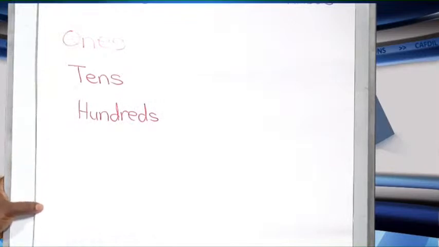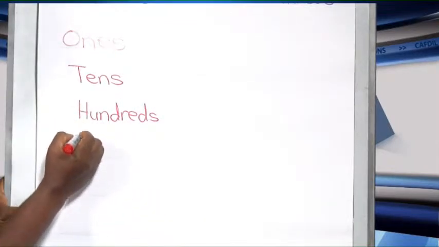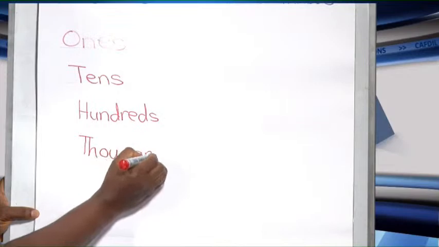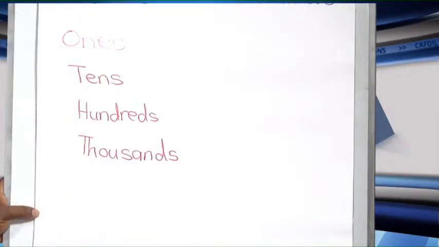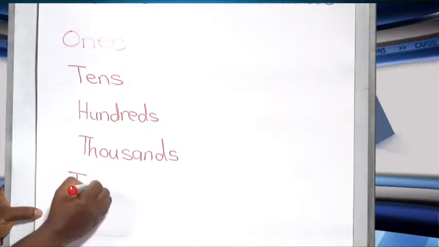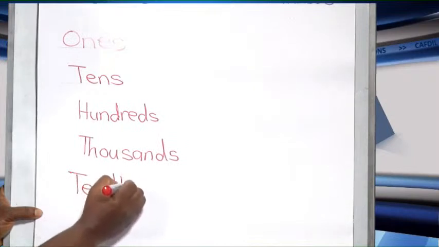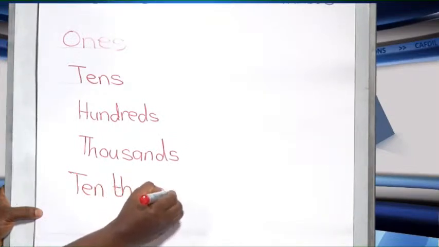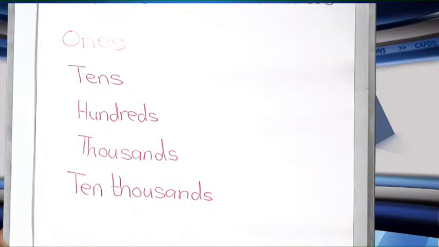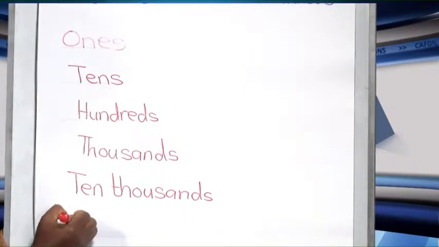Now from hundreds, we move to the thousands place. And from thousands, we move to the 10,000s place. And from 10,000s, we move to the 100,000s.